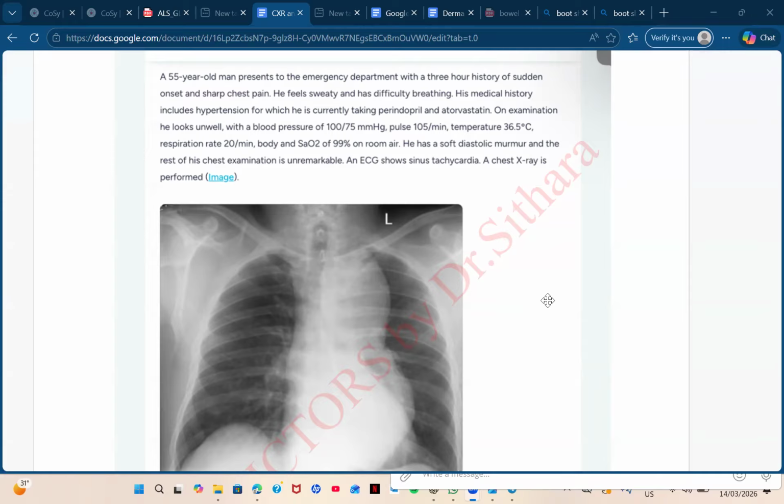On examination, he looks unwell with a blood pressure of 100 by 75. Pulse is 105, temperature 36.5, respiratory rate is 20, SaO2 99%. There is a soft diastolic murmur, and the rest of the chest examination is unremarkable. The ECG shows sinus tachycardia, and a chest X-ray is performed.